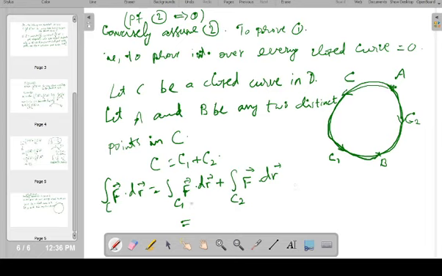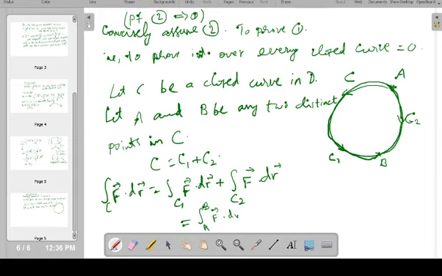So the integral over C1 f dot dr, what is our assumption? 2. It is path independent. So this is the integral A to B f dot dr. It depends only on the initial and final points.